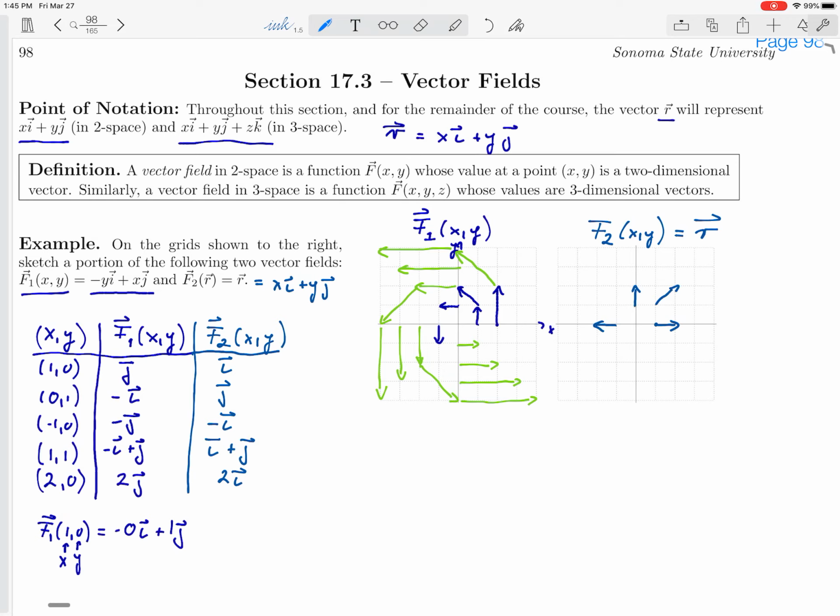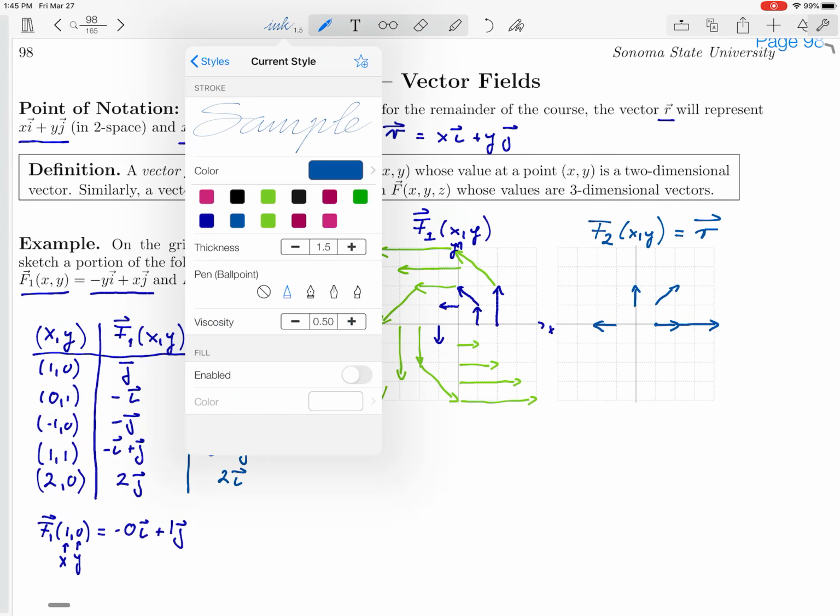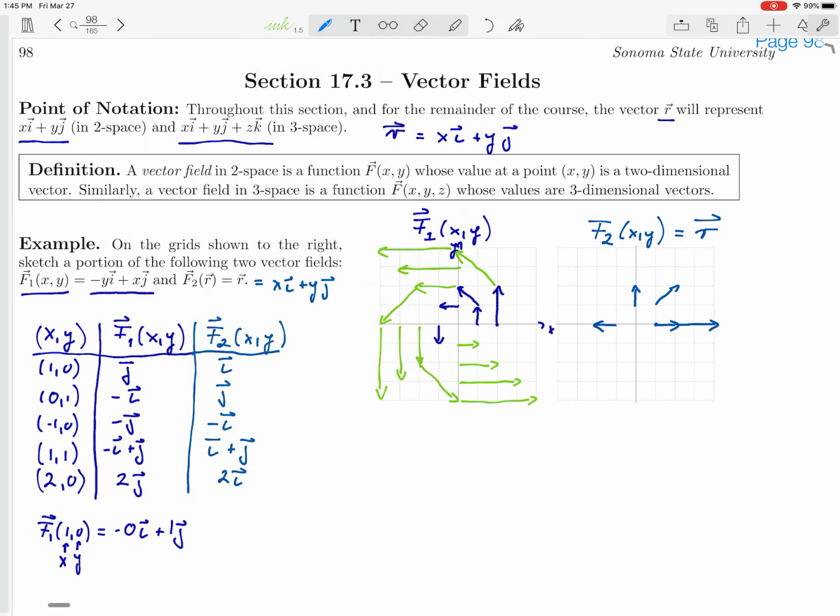Which other ones did we have? At 1, 1, I have i plus j, so that is this vector right here. And then we had 2i at 2, 0, so that is this vector pointing in that direction. And I'm going to draw a few more.